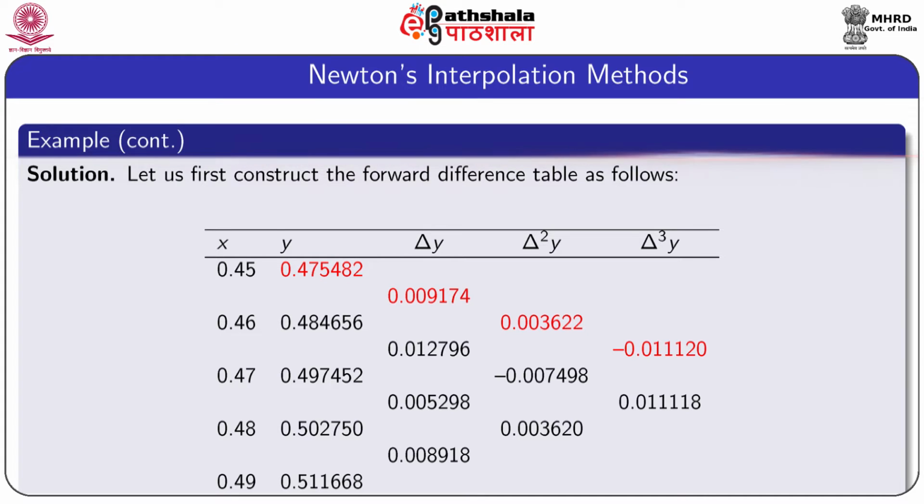That means the first value is nothing but delta 3 y0. The red marked values are used in the Newton forward difference interpolation formula. So, using this table of values, we can calculate the polynomial as follows.